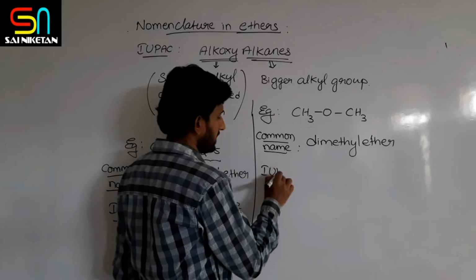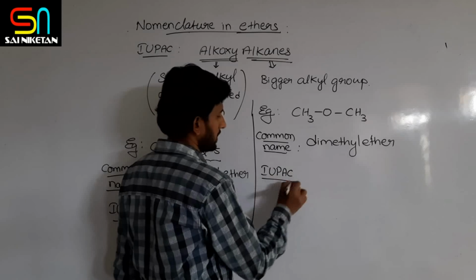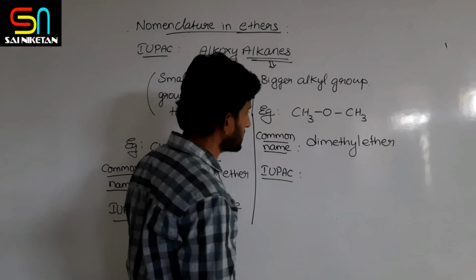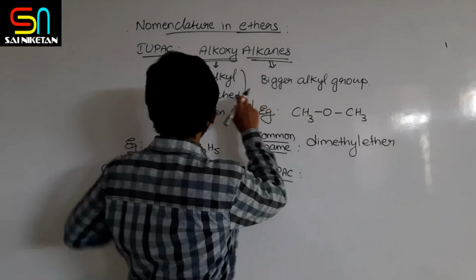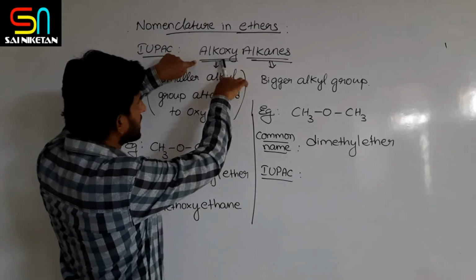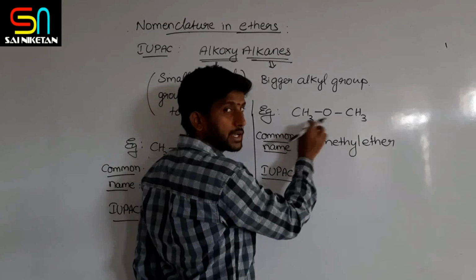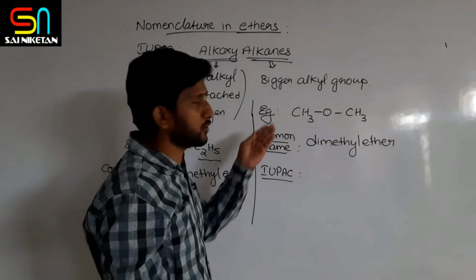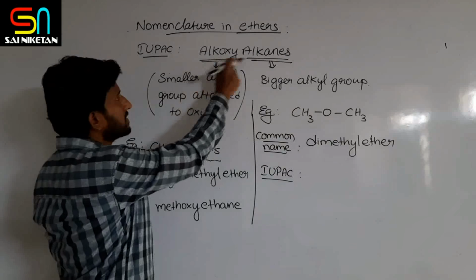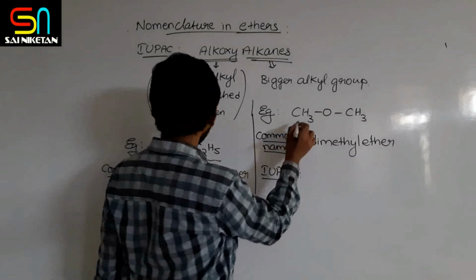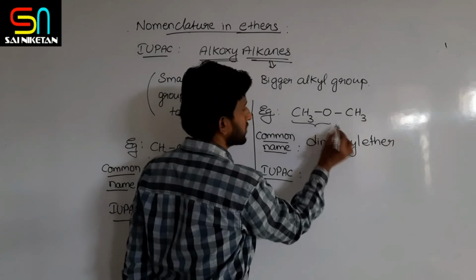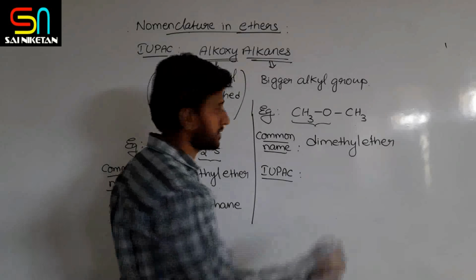But the IUPAC name of this compound is, see, the IUPAC name for ethers is alkoxy alkanes. Now here both alkyl groups are the same, methyl groups. So methoxymethane, because if you consider this as a methoxy group, this should be methane, alkane, right?